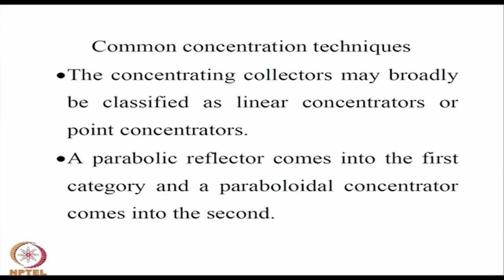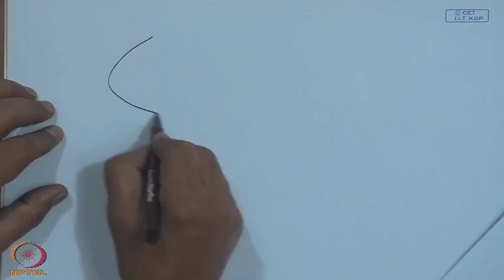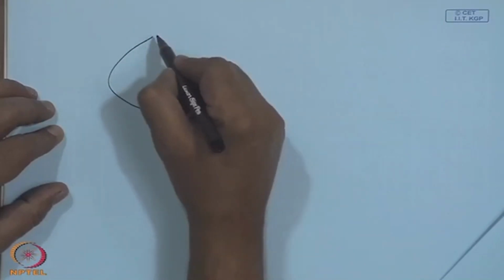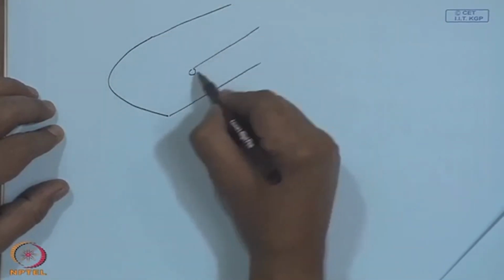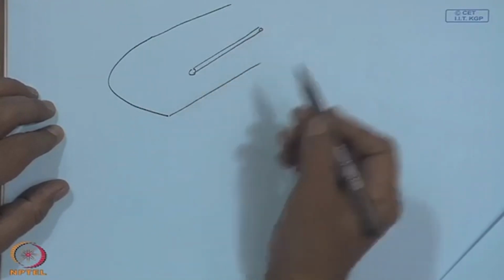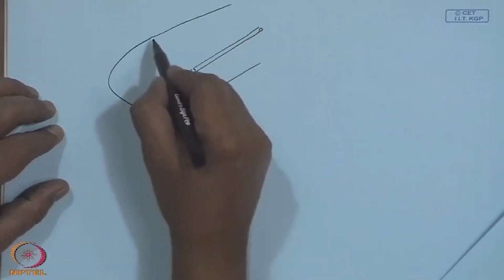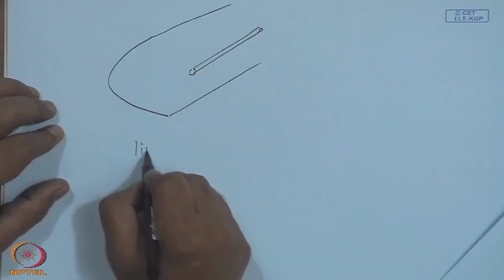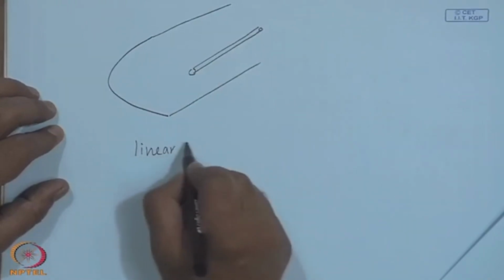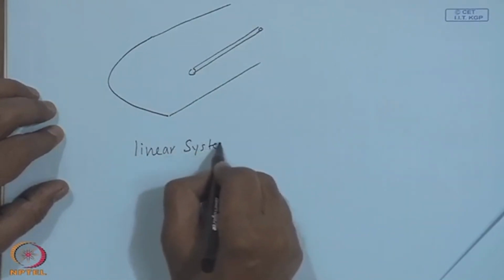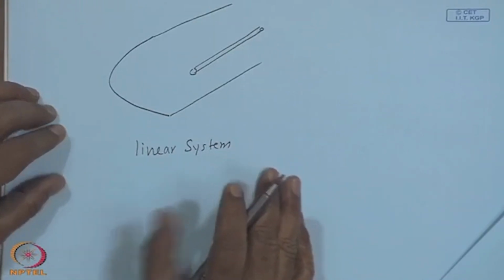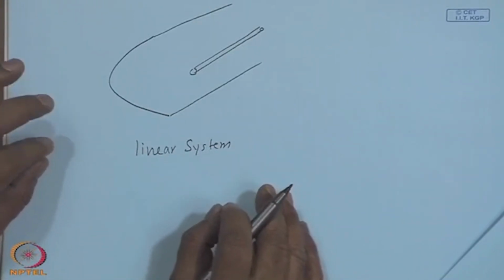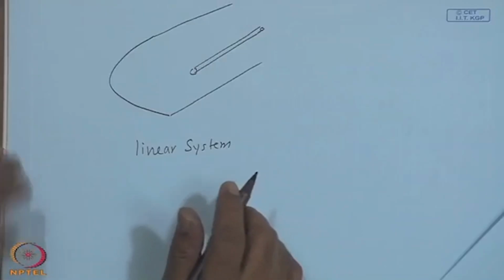So, if I have something like a parabola, so in a two dimensional view, something like this will be my tube. I might call this a linear system. In other words, in the limit, the reflected rays will fall on a line, though that width of the line is finite for different reasons.